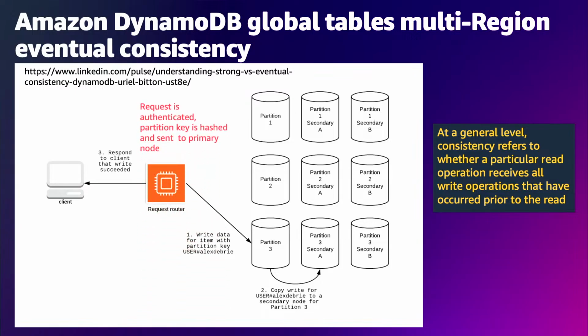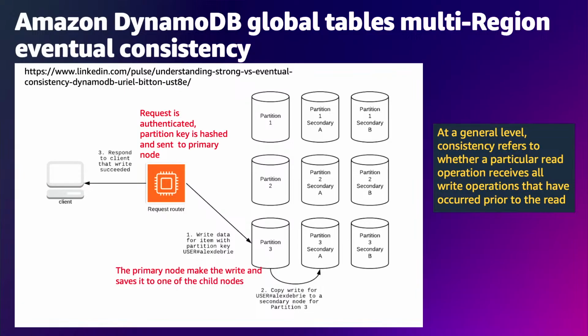We make a request which is authenticated, a partition key will be hashed and sent to the primary node. As you can see, we have 3 different types of partitions. We have one master or main node, and we have 2 children. So the primary node will make the write and save it on one of the child nodes as well.